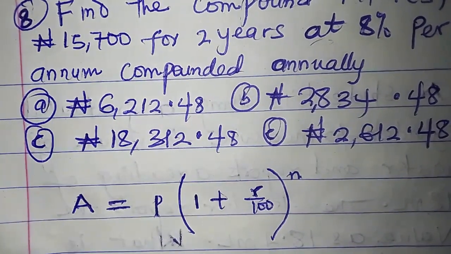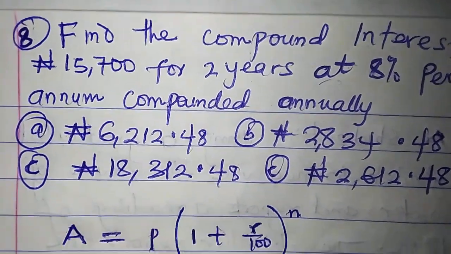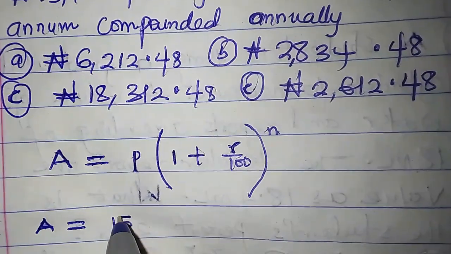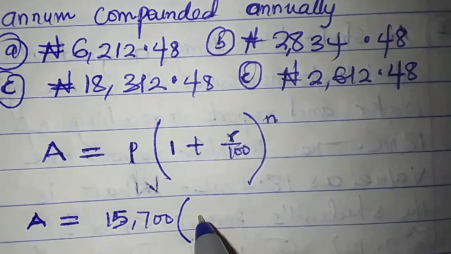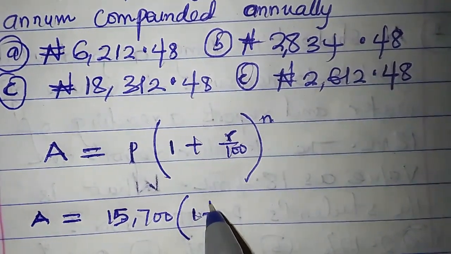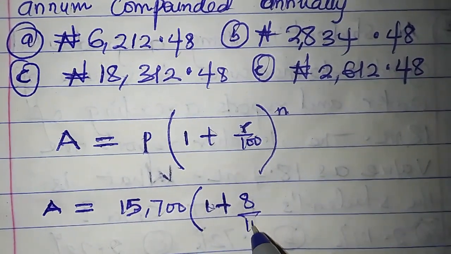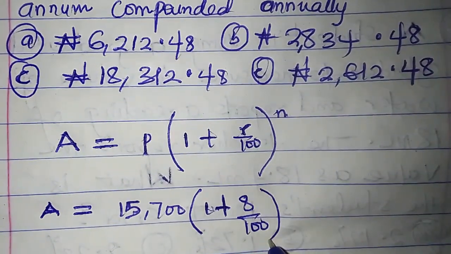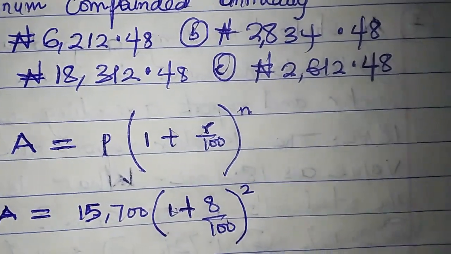So let's calculate the amount. The principal is 15,700 naira. 15,700 times 1 plus the rate, which is 8%, that's 8 over 100. Then it is compounded for 2 years, that's n equal to 2.